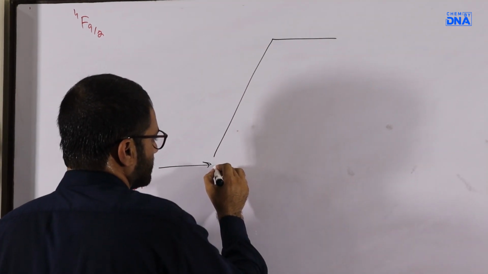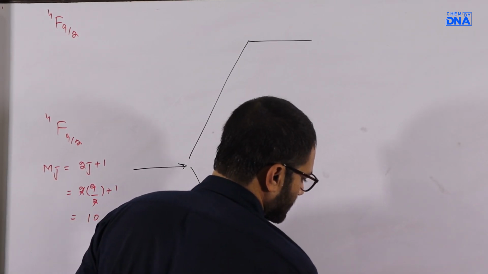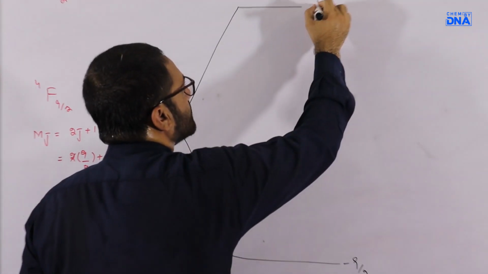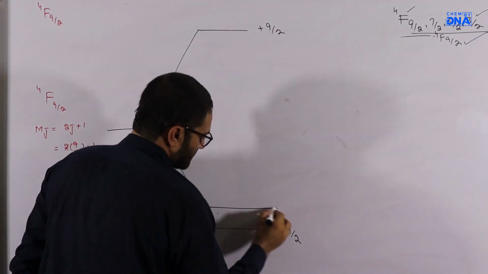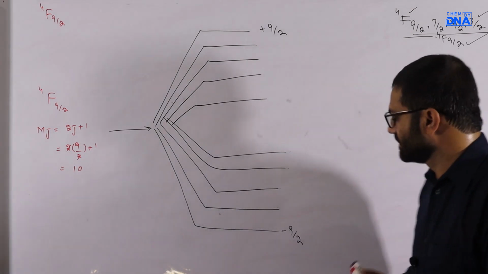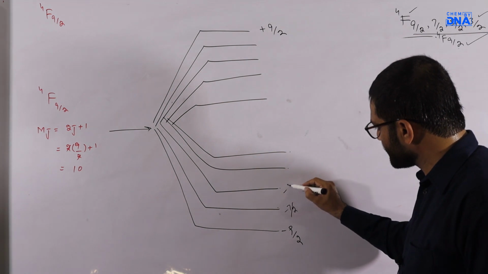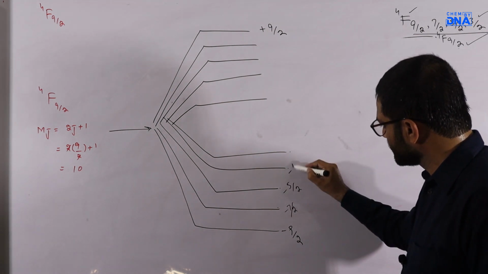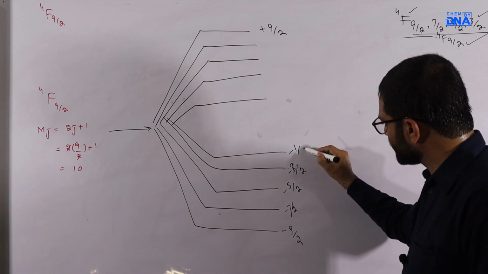You will get minus 9 by 2, this is plus 9 by 2. This is minus 7 by 2, this is minus 5 by 2, this is minus 3 by 2, and its value is minus 1 by 2.